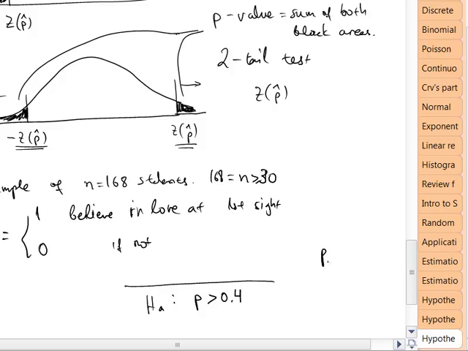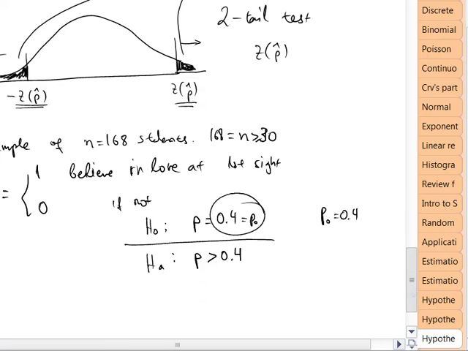So our p sub 0 is actually equal to 0.4. And therefore we formulate the null hypothesis, p equals 0.4. And that's actually the value we take for p sub 0. So we need a right tail test for proportions.